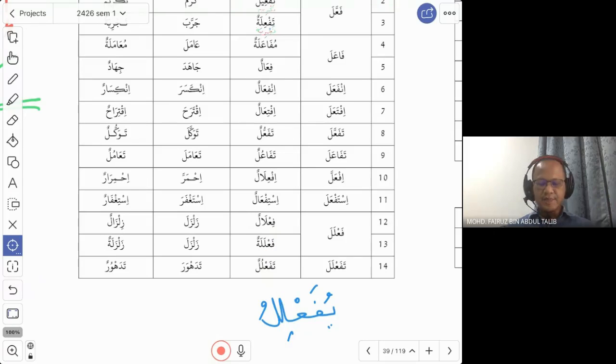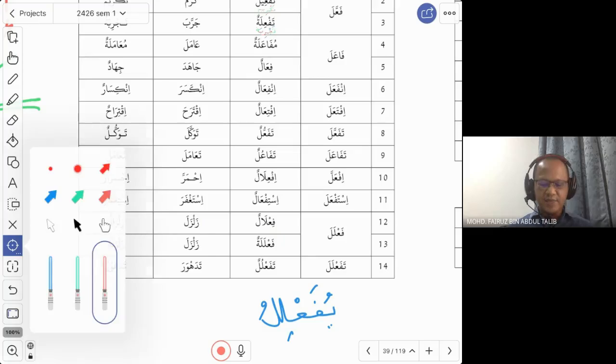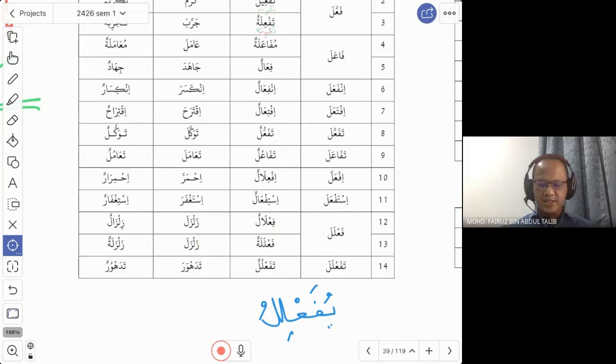Alright? The example is the fi'il zalzala, to shake, to make it tremble. So zalzala, Allah makes the earth have an earthquake. We say zalzala Allahu al-arda. So zalzala is the fi'il madi, the fi'il mudari is yuzalzilu, yufa'lilu.